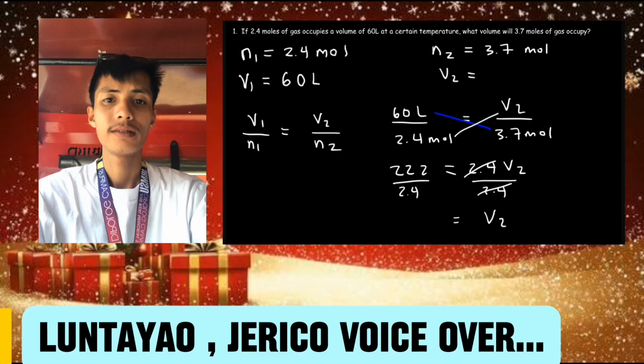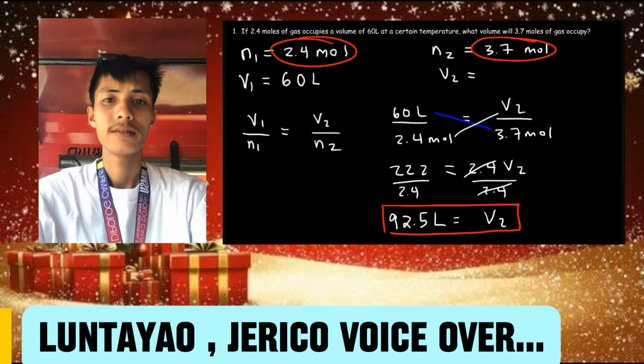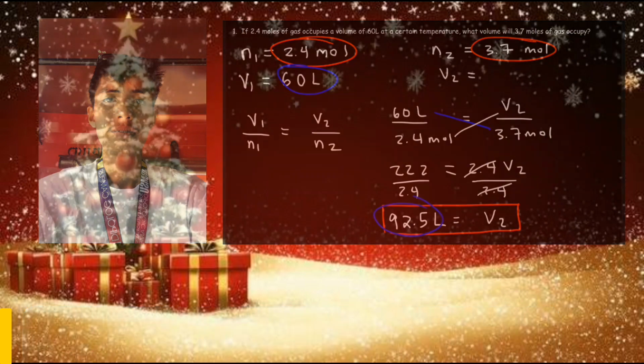So V2 is 222 divided by 2.4. And so that's going to be 92.5 liters. And so that's the answer. So notice that we increased the moles from 2.4 to 3.7, and the volume increases from 60 to 92.5.